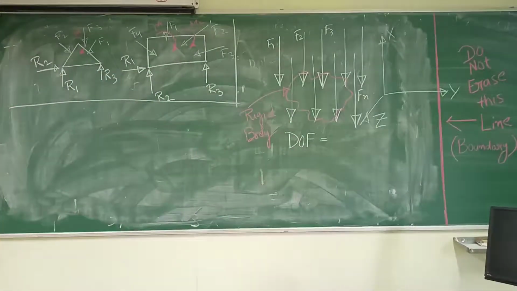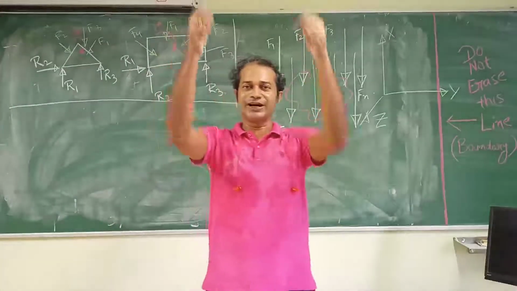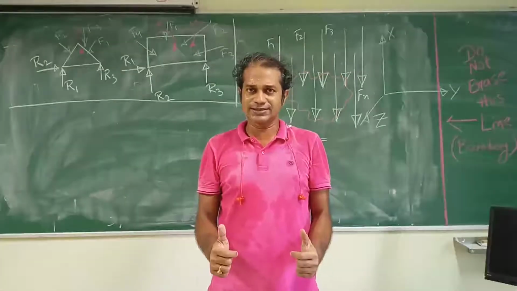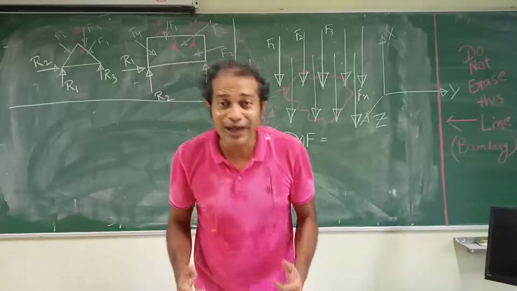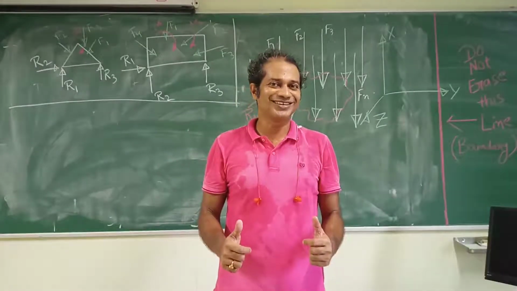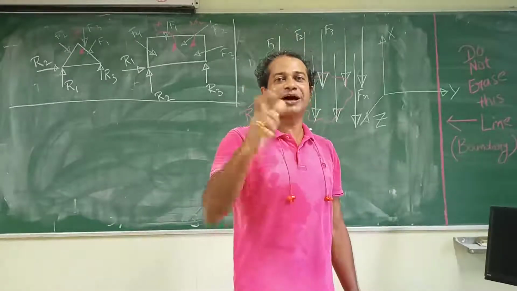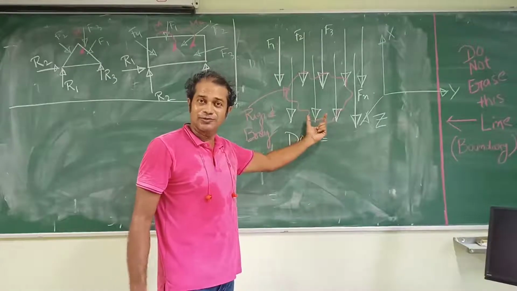Is it clear? If this is the vertical axis, I can be translated along the vertical axis, and I can be rotated along this or along this. But rotation about the x axis, this vertical axis, is not possible because there is a parallel force system.